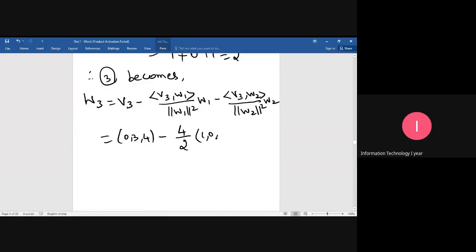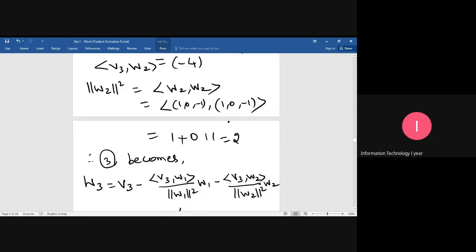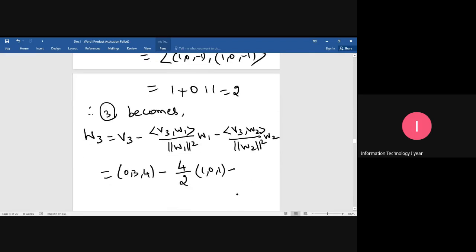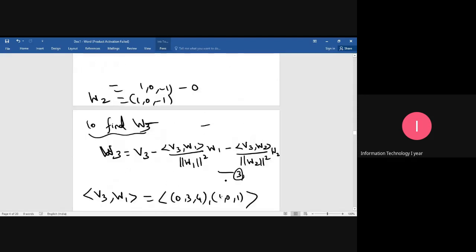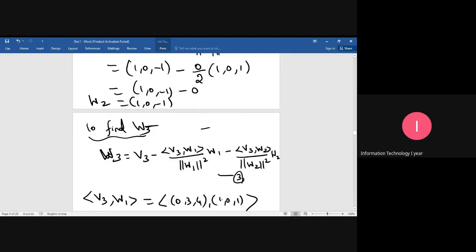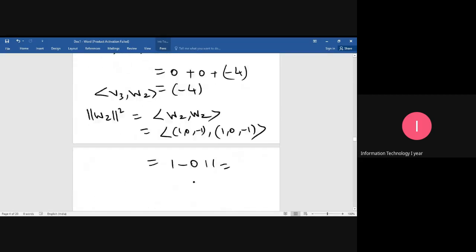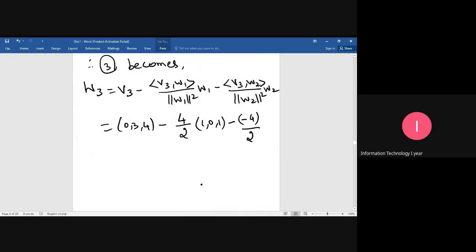W1 is 1 comma 0 comma 1, minus the inner product of V3 comma W2, which is minus 4, divided by norm W2 square, which is 2, then W2, which is 1 comma 0 comma minus 1.